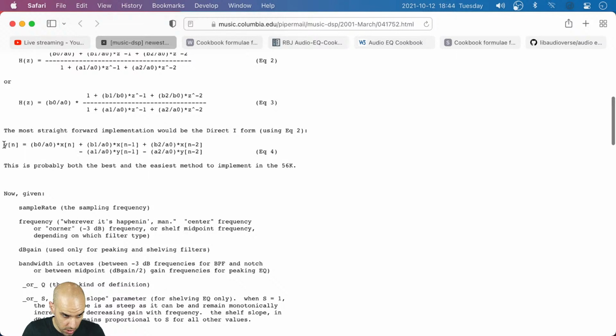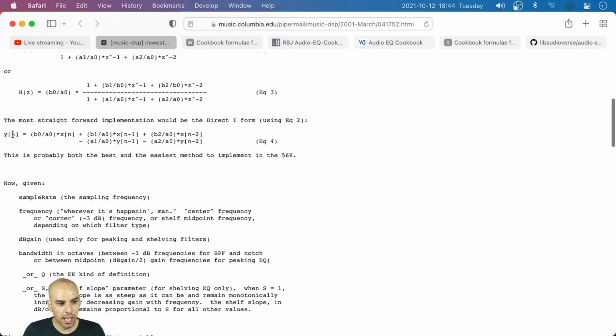But basically what this is saying is, y is your output, and n is an index. So if you had recorded some audio and you wanted to run a filter on that audio and produce some output, then it would make sense to think of n as the index of a particular sample in that audio recording.